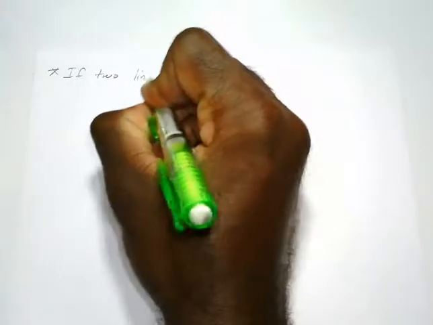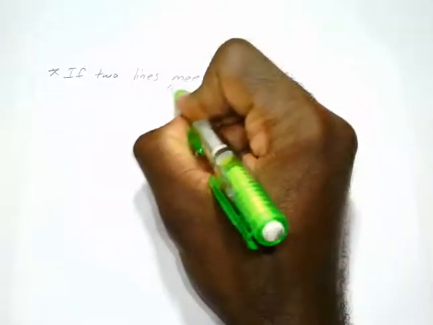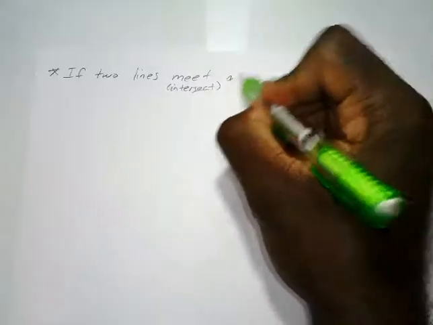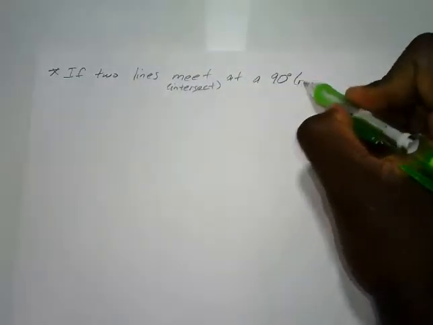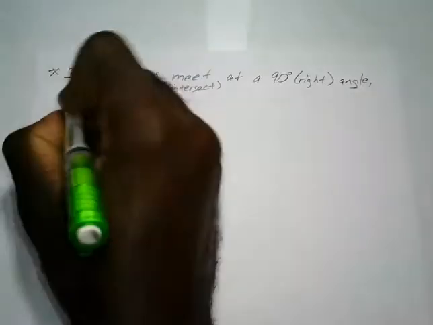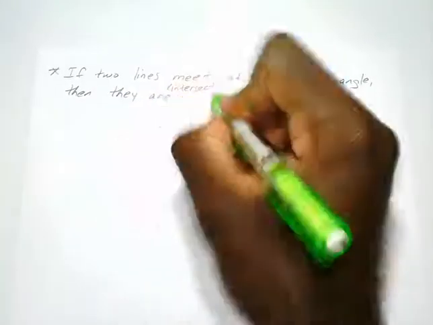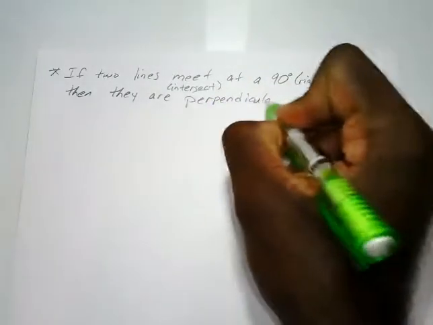Okay, now if two lines meet or intersect at a 90-degree or a right angle, then they are perpendicular to each other.